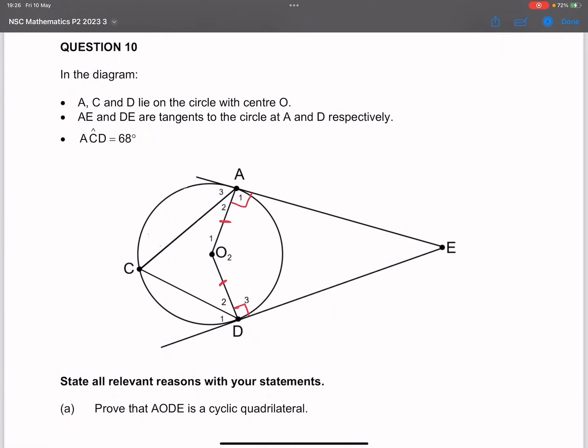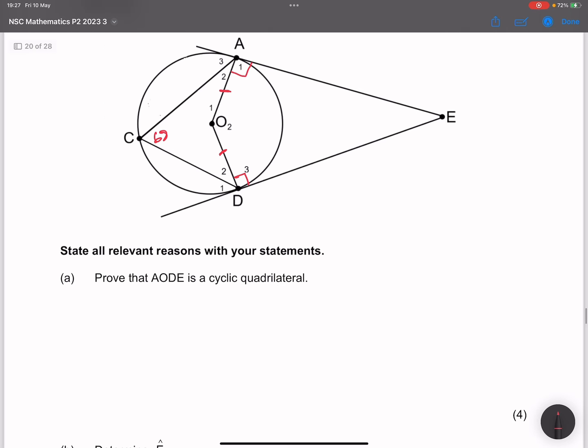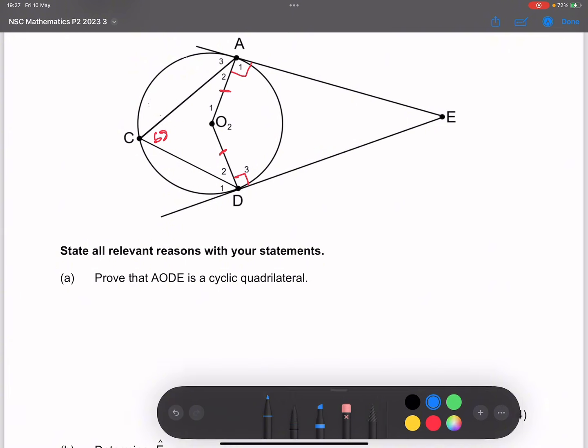They tell me that ACD is 68 degrees. So ACD, which is this angle over here, is 68 degrees. And they say prove that AODE is a cyclic quad. Well, I've kind of already done that. The opposite angles are supplementary.